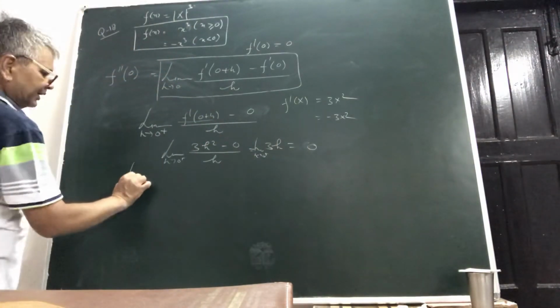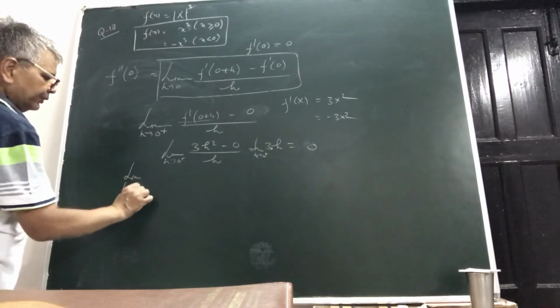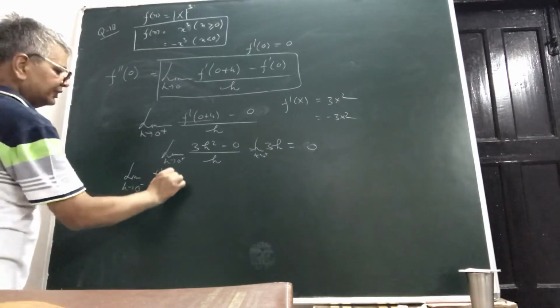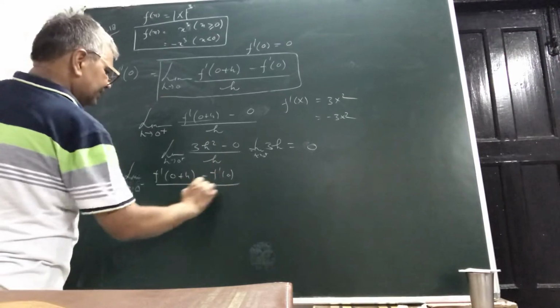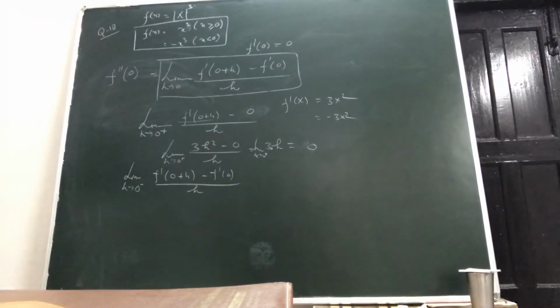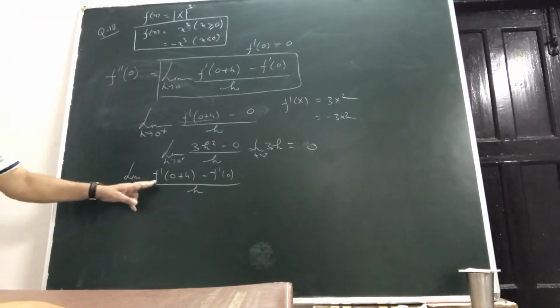Likewise let us calculate the left hand limit of f dash(0 plus h) minus f dash(0) upon h.